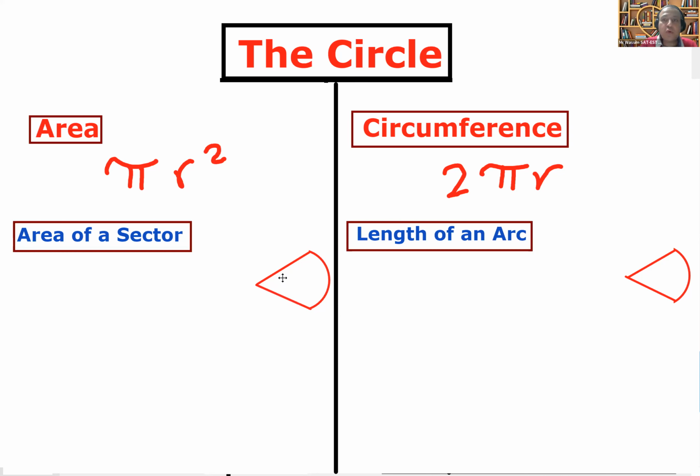Area of a sector, I need all what's inside. All what's inside. But length of an arc, I need the length only, so I don't need this part.